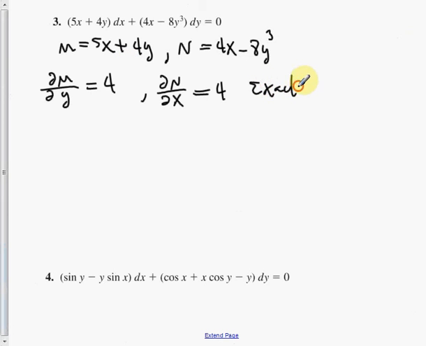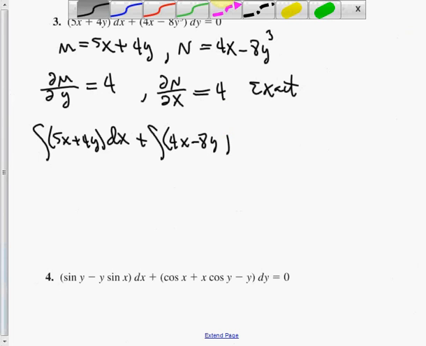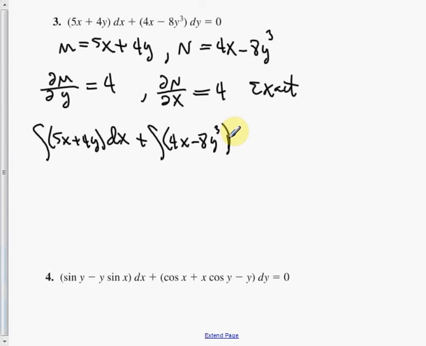So we say exact. So I go back to the original form, take the integral of 5x plus 4y with respect to dx, plus the integral of 4x minus 8y to the third dy, is equal to the integral of 0 dx.